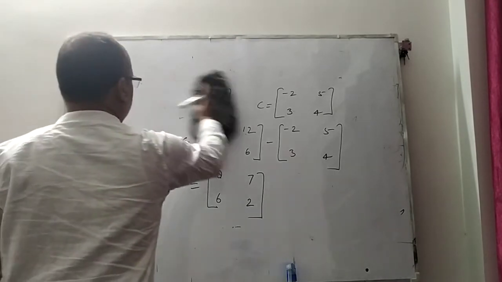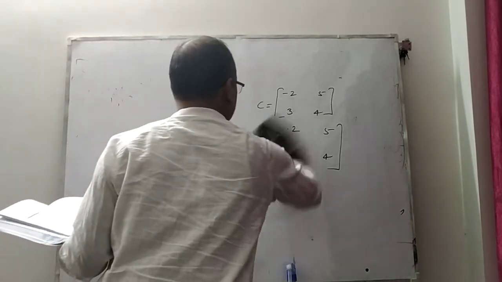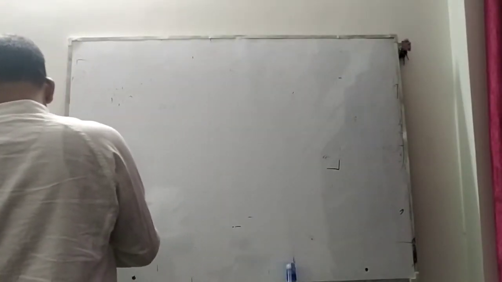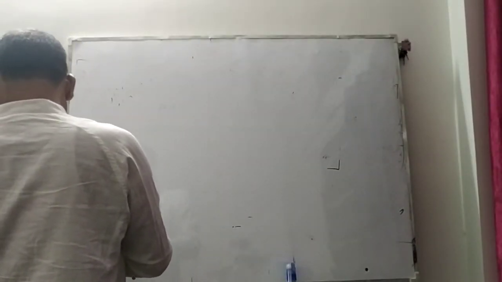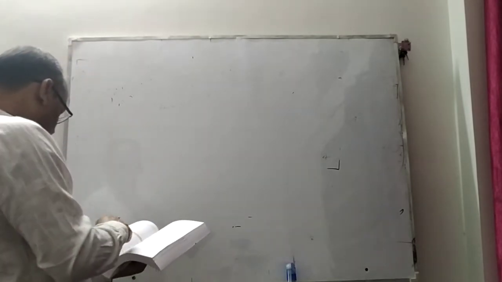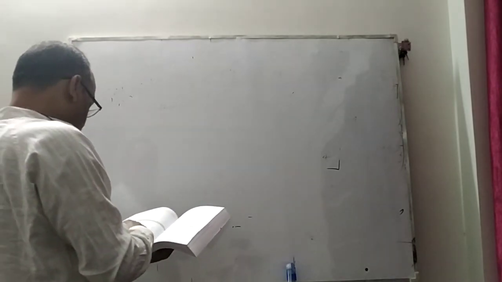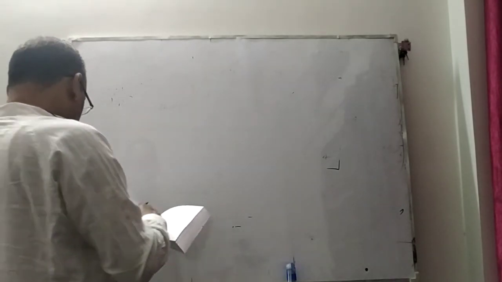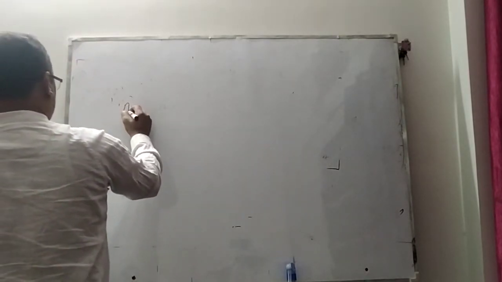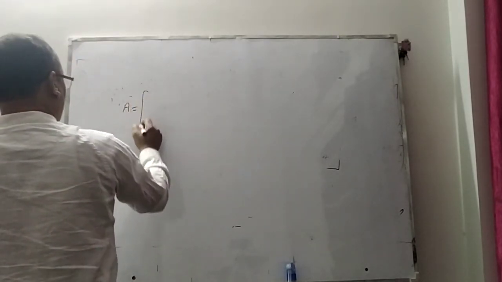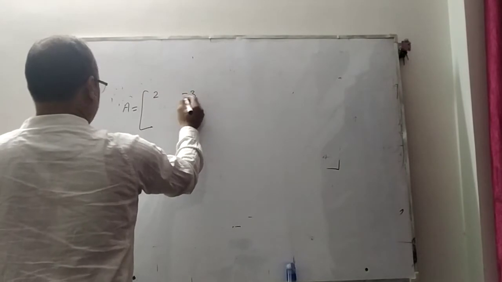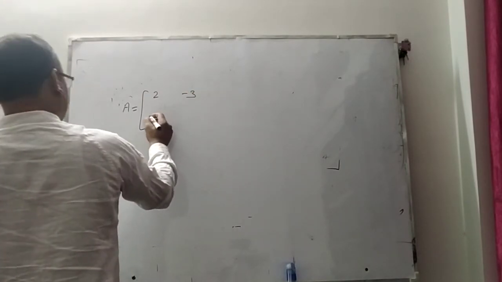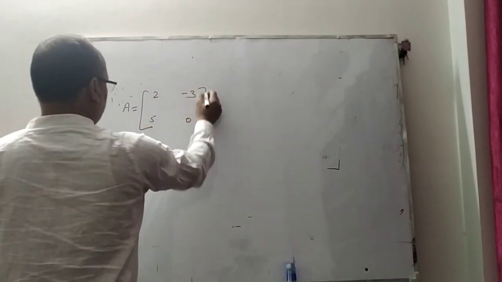Now, you will see another question. Here A is equal to 2, minus 3, 5, 0.